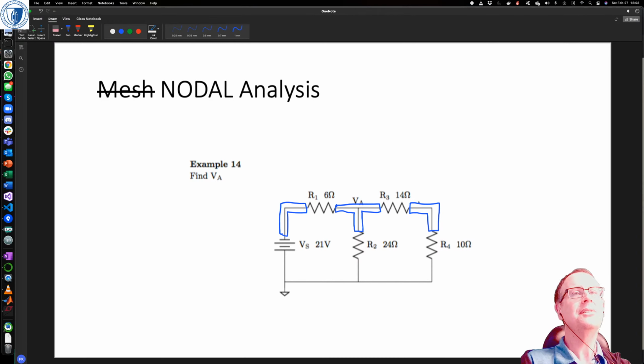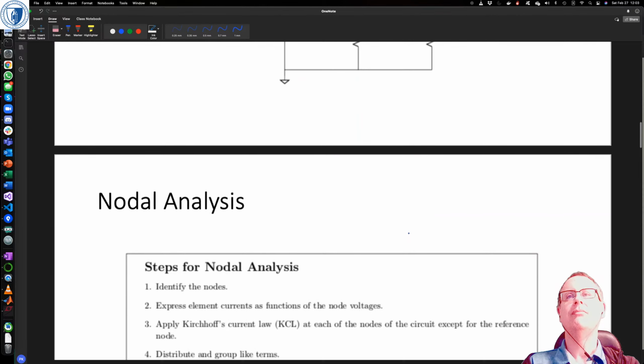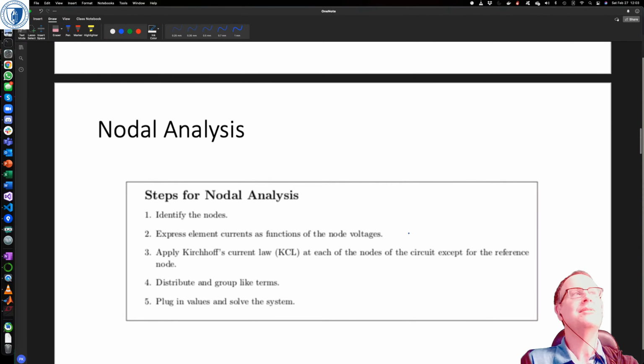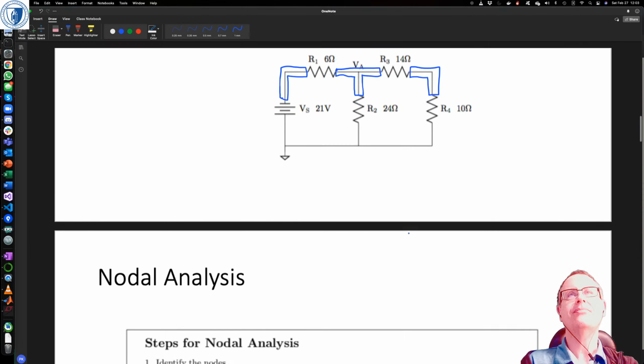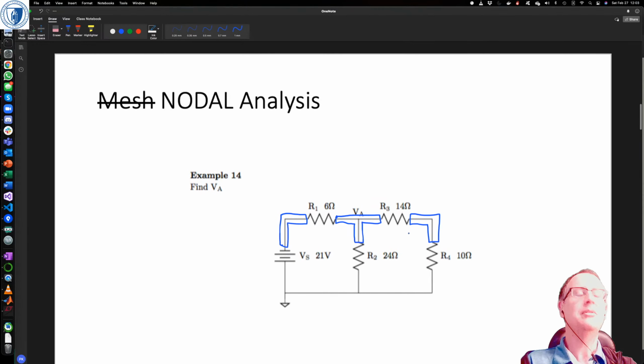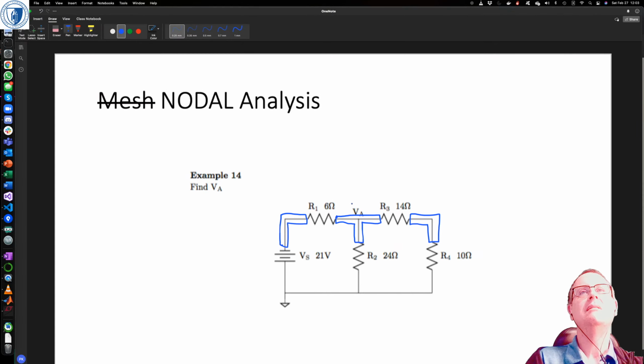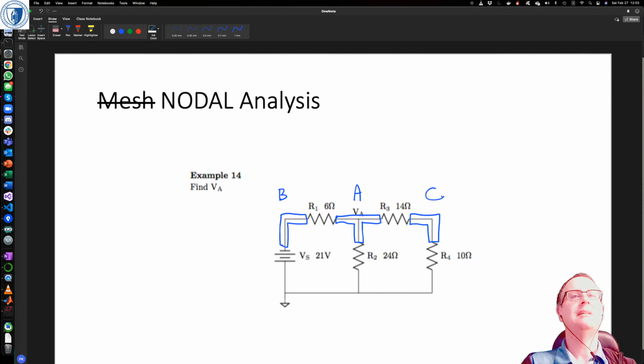In nodal analysis, the first thing we do is define the node voltages, or identify the nodes. So here, because this is called VA, I'm going to call that node A, and I'm going to call that node B, and I'm going to call that node C. Okay, so that's the first thing to do.